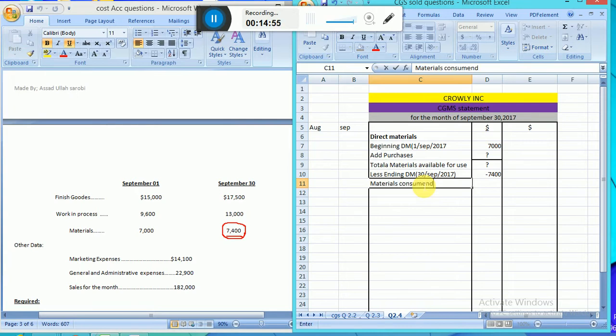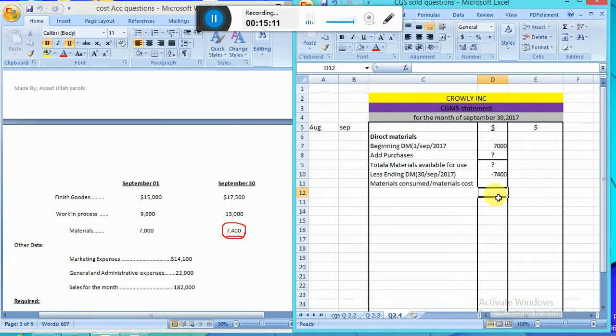Consumed means used. Material cost, direct material cost. How much? This is also unknown. Material cost is, I will write here, unknown.